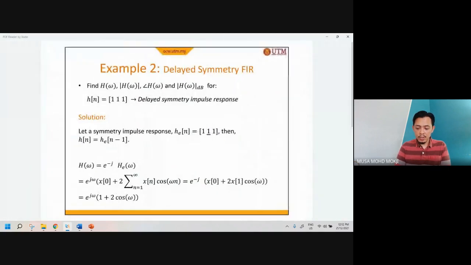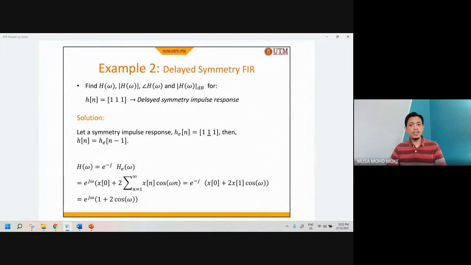Our second example is what we call a delayed symmetry FIR. So it is symmetry, but it is delayed. For example, this is the example 1 1 1.